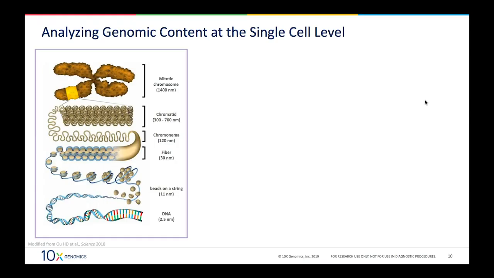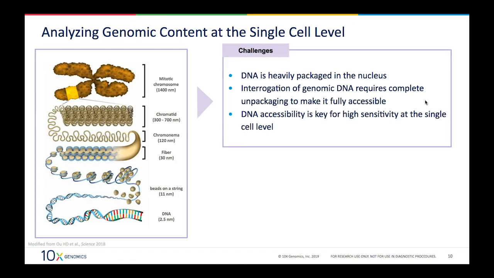So it is actually a challenge because if you want to interrogate the DNA content, you need to find a way to make sure that you're making all of this DNA accessible and available to run your molecular assays on it. So the challenge, as I said, is that the DNA is heavily packaged.